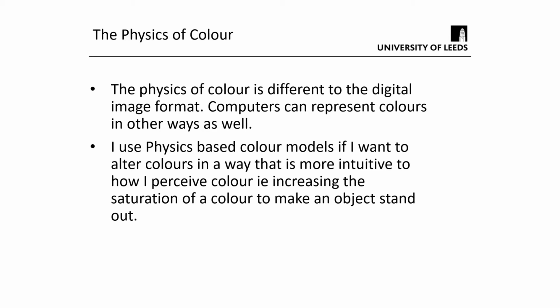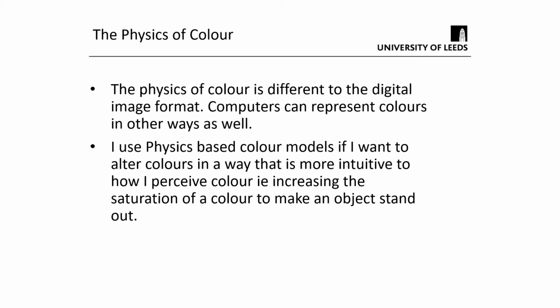So the physics of color is not RGB. The color has a different physics behind it. I'm not going to go into it. But the physics-based models tend to be based more on intensity, and then where in the rainbow, the wavelength and things like that, which is much more intuitive.